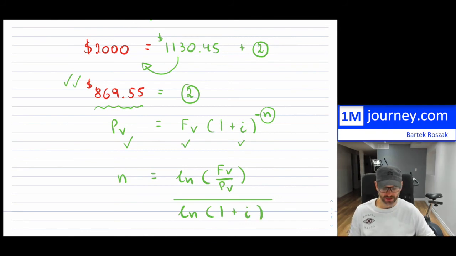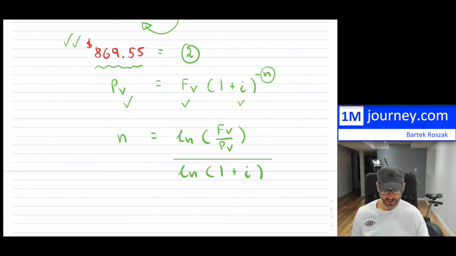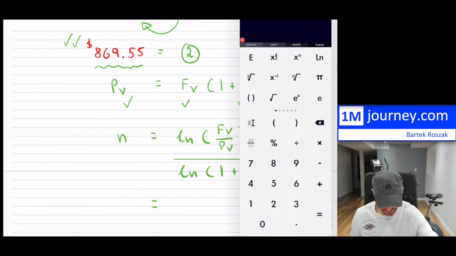That just comes from the formula that we have. Now, substituting everything in, it's going to tell me what that n actually is. And n is the number of months.